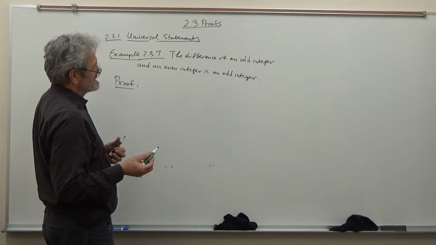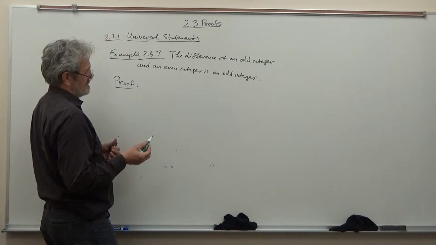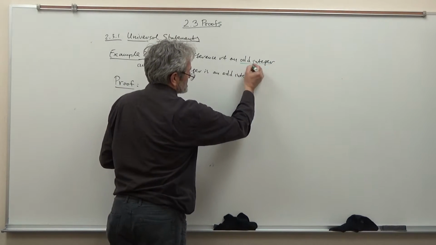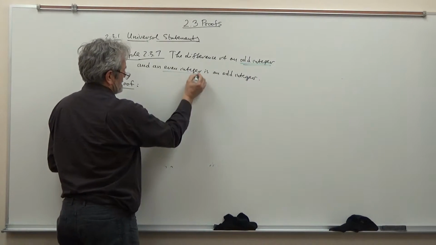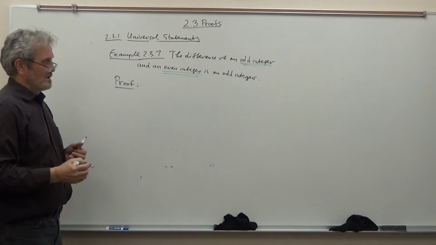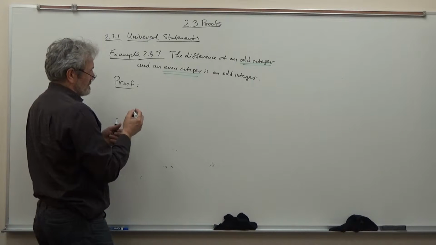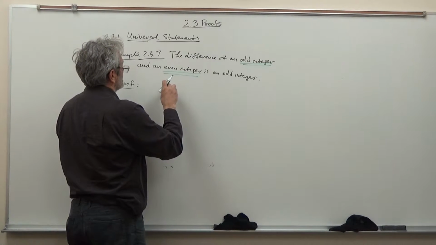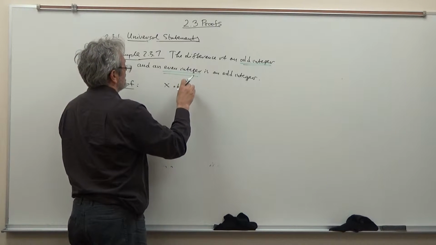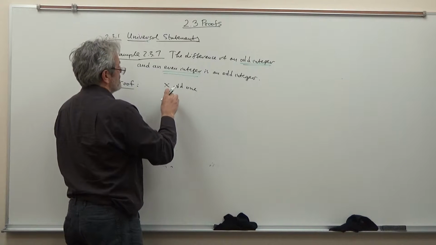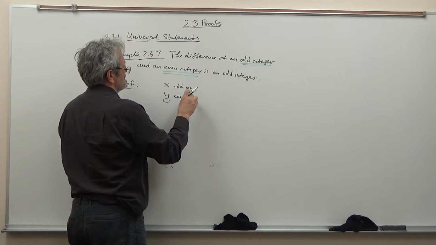This statement is about two numbers, because an odd integer is one of them, and an even integer is the other one. So we introduce a variable for each of them. x will be the variable for the odd one. y will be the variable for the even one.